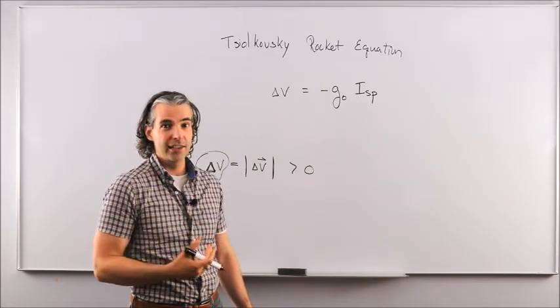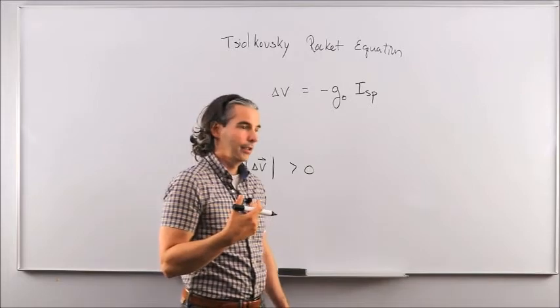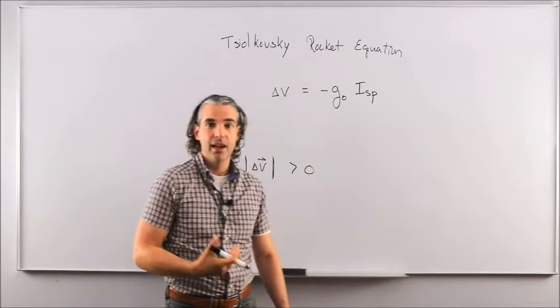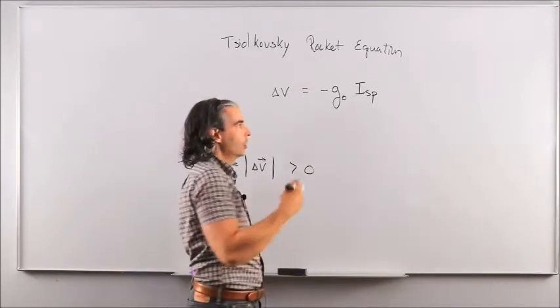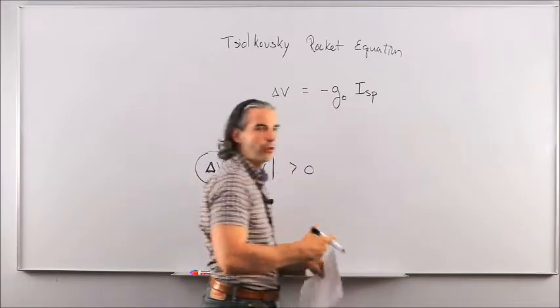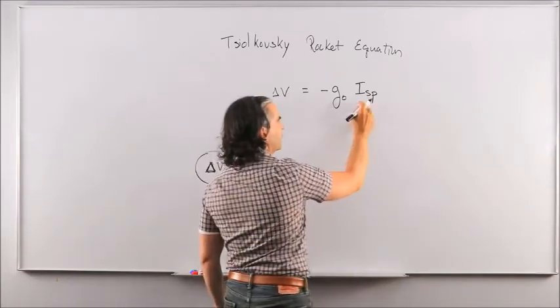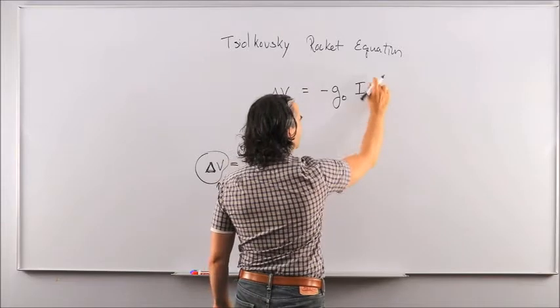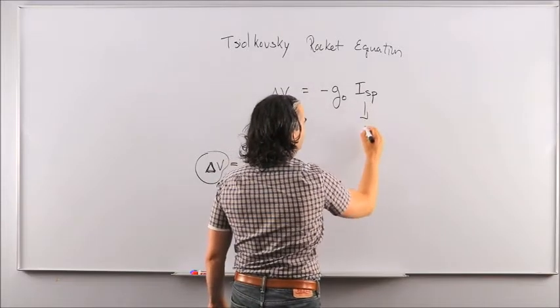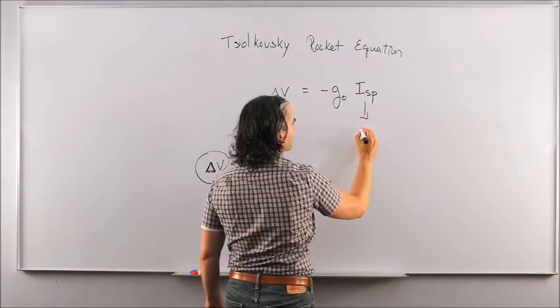Is it a solid gas engine? Is it a liquid propellant? Is it a hybrid rocket? So all those different technologies that are used to perform an orbital maneuver will have different Isp values, okay? And those Isp have units of seconds.